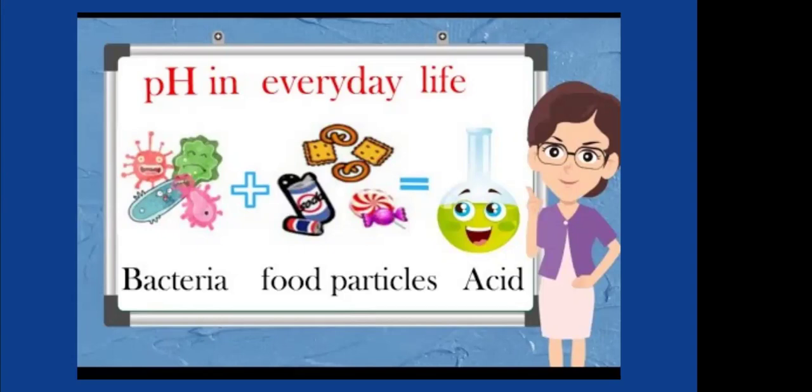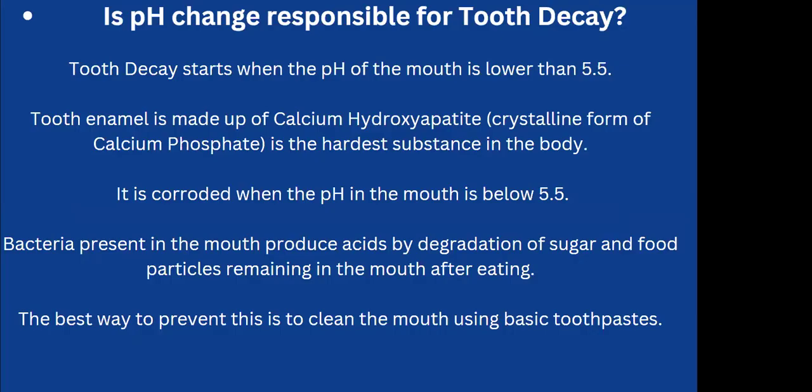That's why we brush before sleeping, and we tell our children to brush before they sleep, so that tooth decay won't start through these bacteria. Tooth decay starts when the pH of your mouth is lower than 5.5, which is reached once acid starts forming in your mouth.